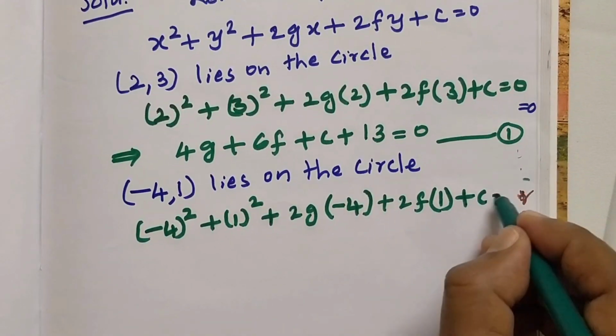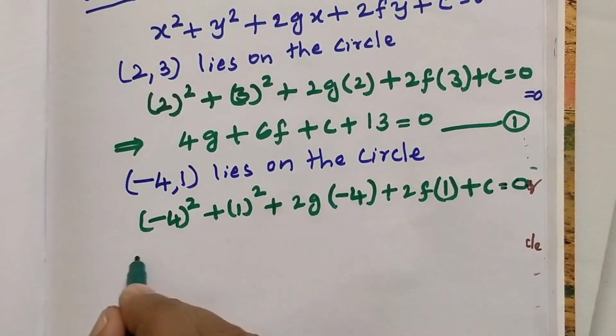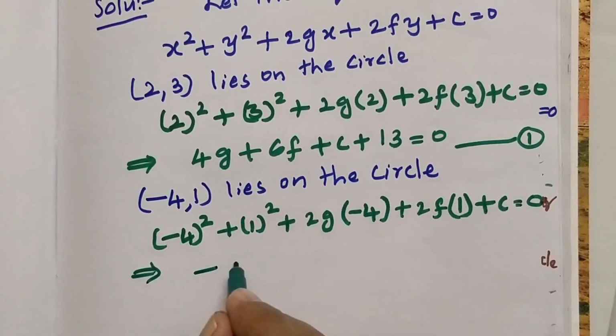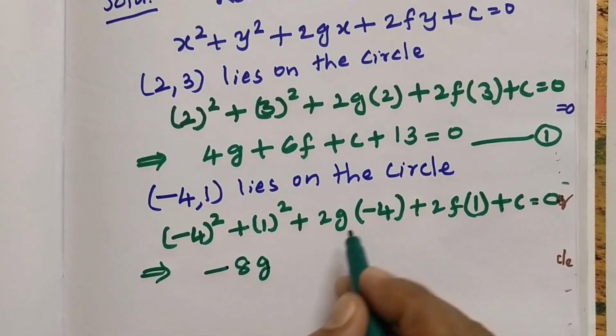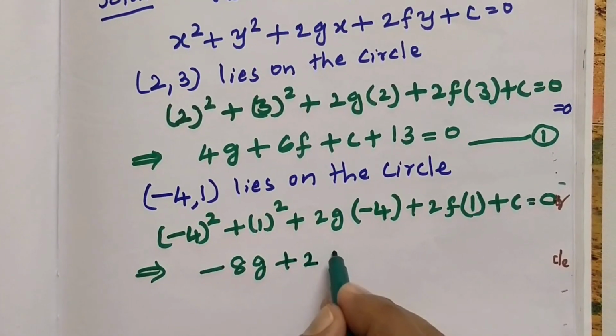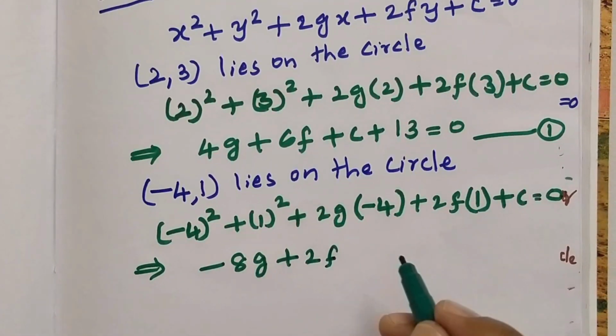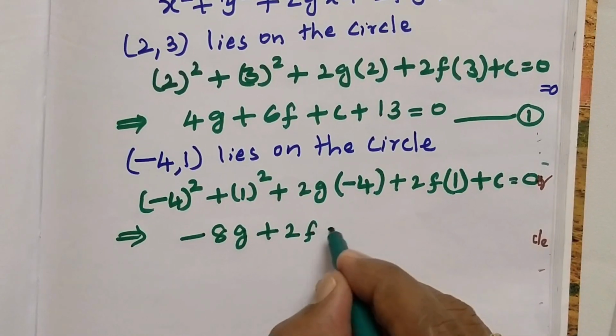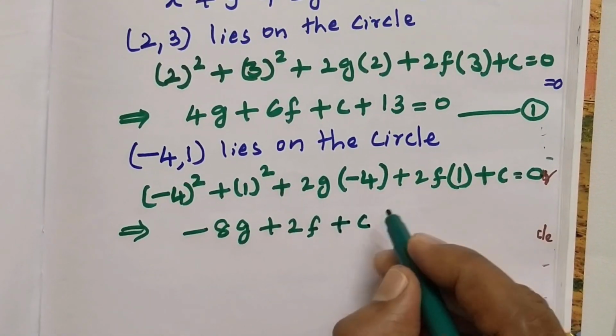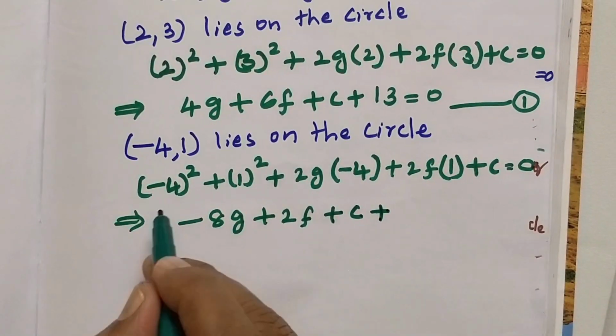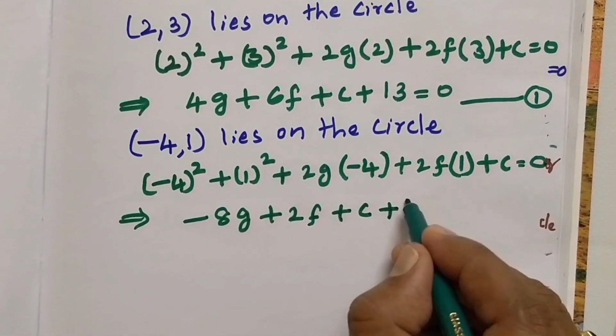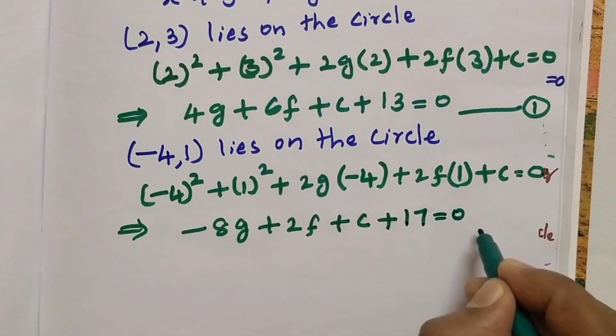This implies minus 8g plus 2f plus c plus 16 plus 1 is 17 is equal to 0. This is my second equation.